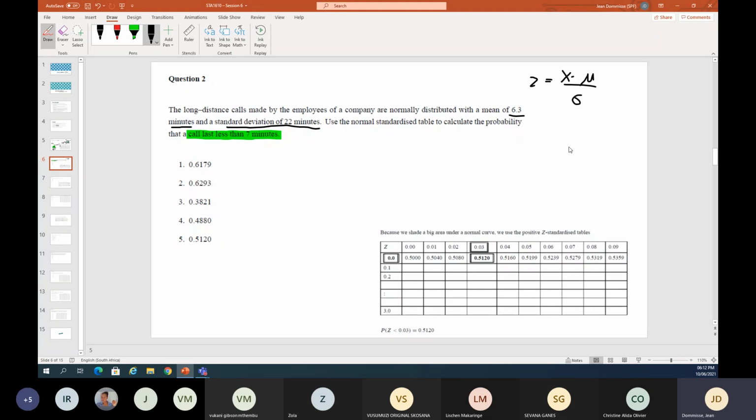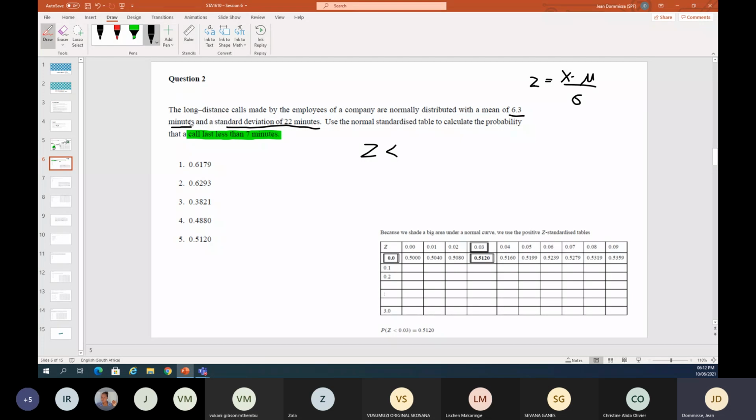Okay, so what I automatically do when I get this and look at it, less than 7 minutes, so my Z must be less than. Then when I get to my Z, I know when I draw it on a diagram where to look for it, so that you don't start to guess where it needs to be.